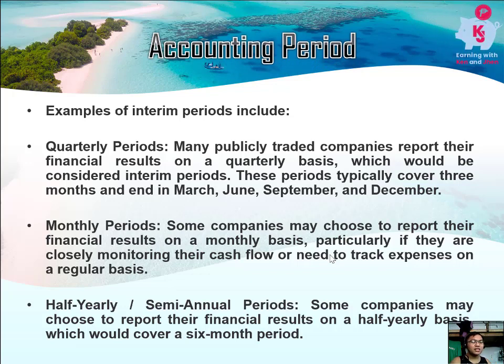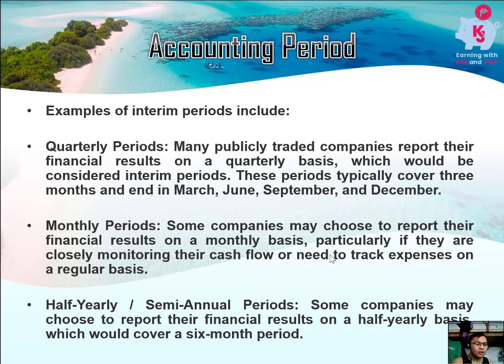So, examples po, quarterly periods, monthly periods, half-year or semi-annual periods. Many publicly traded companies report their results on a quarterly basis, which would be considered interim period. These periods typically cover 3 months and end in March, June, September, and December.